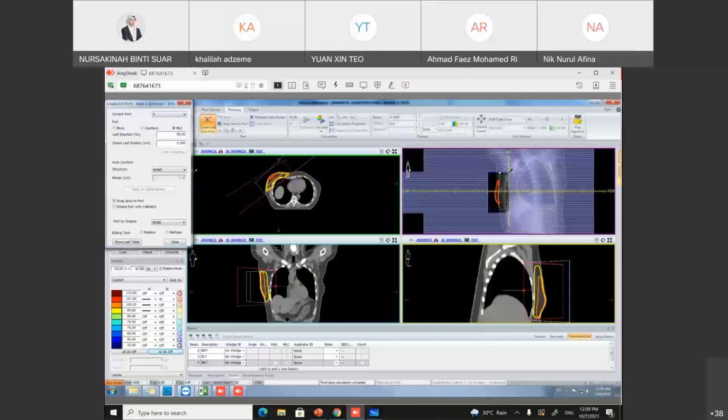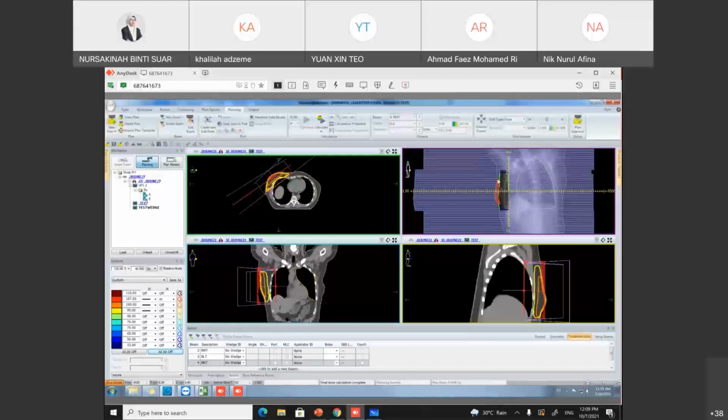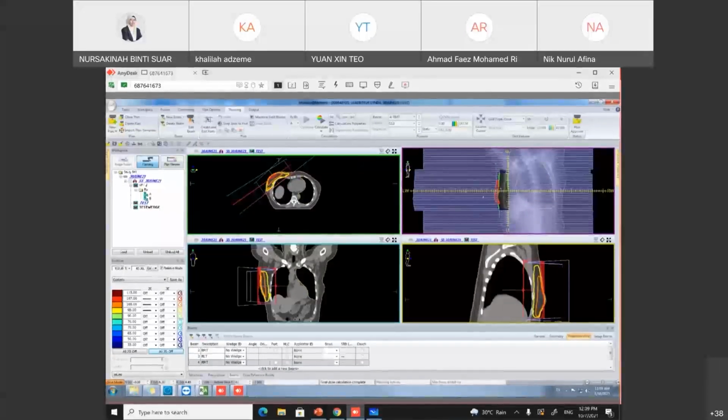By using the MLC. For this machine, I chose a 1 cm MLC. For other machines it will be 0.5. So I use the MLC to shield off the hotspot. Once you shield off, you can oppose your beam.